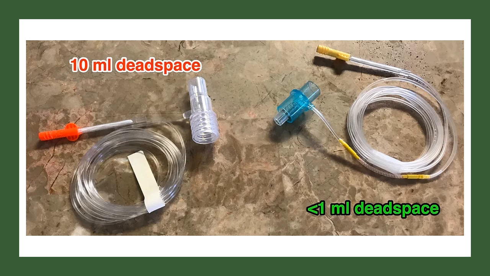Add on 10 mLs to that because you're going to have an end-tidal CO2 in line. And the one on the right side of the screen, which has less than 1 mL of dead space, is a neonatal one. But just remember that because that is going to be very important when it comes to making sure that our settings are adequate enough to ensure that we're getting enough volume down for that pediatric patient.